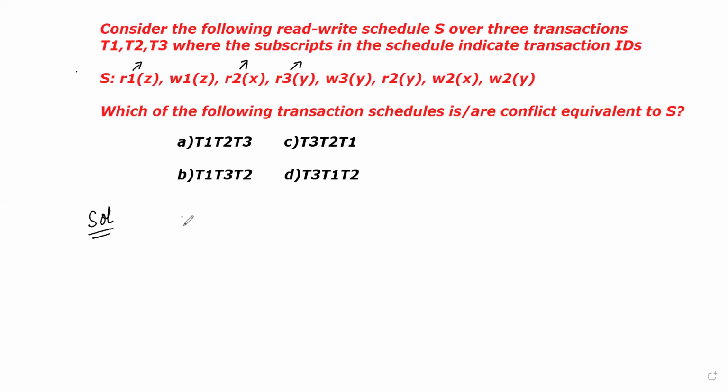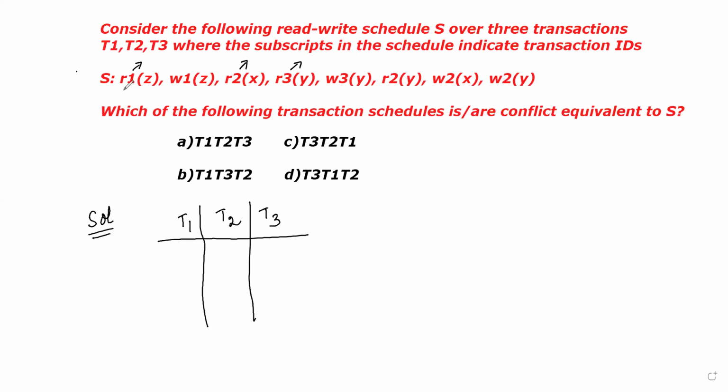Let us say the first one is T1, the second is T2, and the third is T3. The maximum number is only three, so we take three transactions.